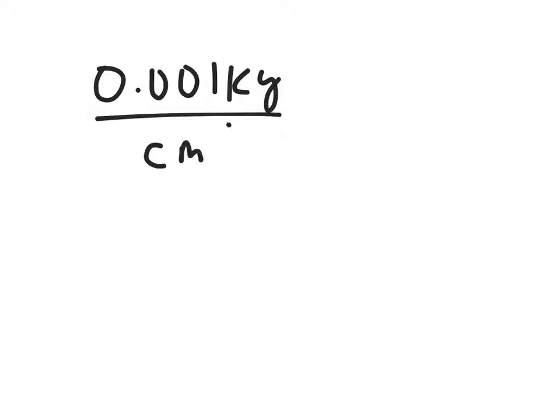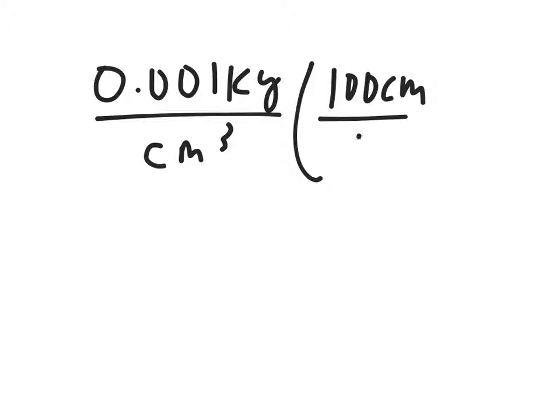So the important thing to remember, you could also write that as 0.001 kilograms per centimeter cubed times 100 centimeters per meter, that's our conversion factor, cubed. So that says do this multiplication 3 times. But what's important to remember is you have to cube everything.